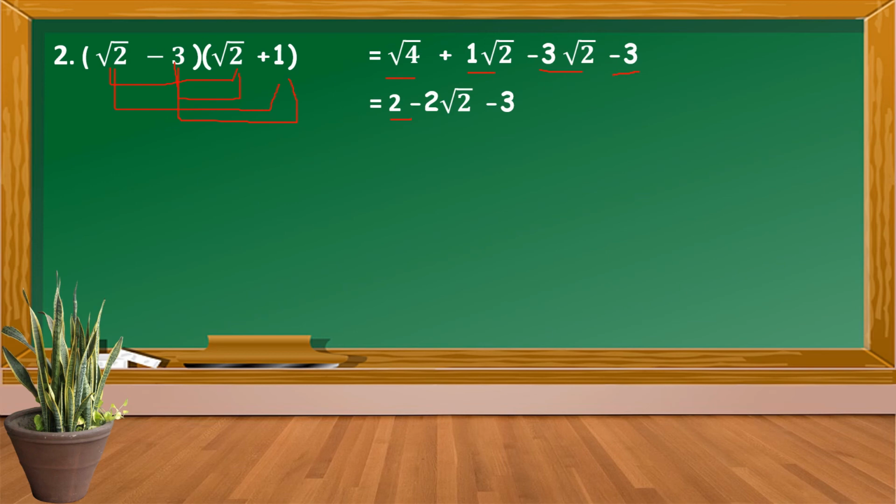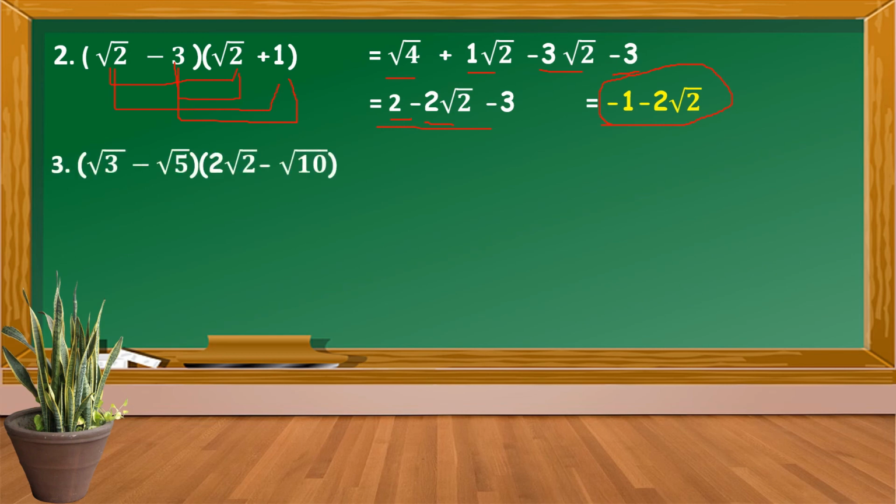Because 1 minus 3 is negative 2. Then, we have here negative 3. Then, we will simplify this. 2 minus 3, that is negative 1. We will just copy this negative 2 square root of 2 because wala siyang partner. And this is our final answer.